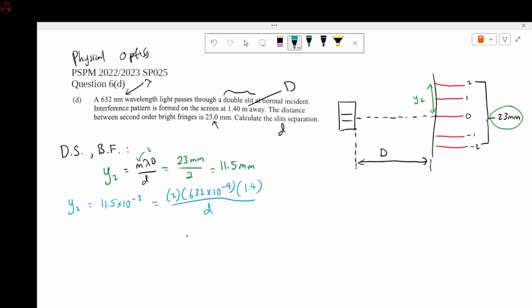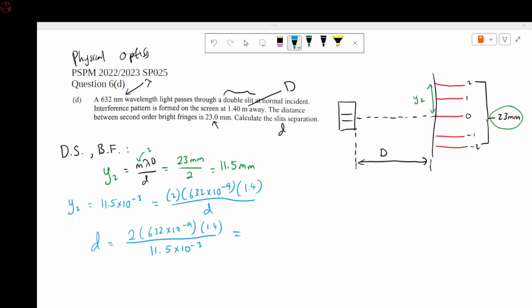Now I can exchange the positions for those two, and what I'm left with is d equals 2 times 632 times 10 to the power of negative 9 times 1.4 over 11.5 times 10 to the power of negative 3.